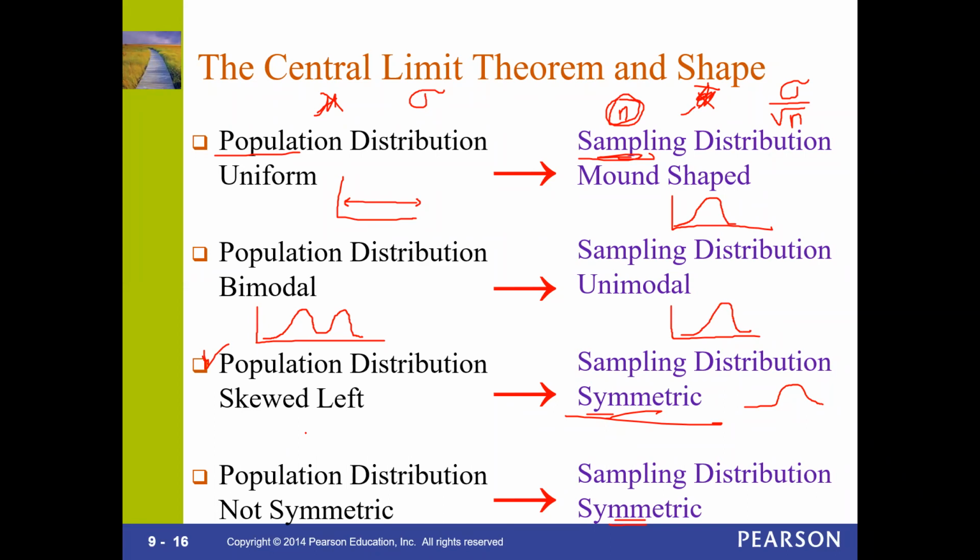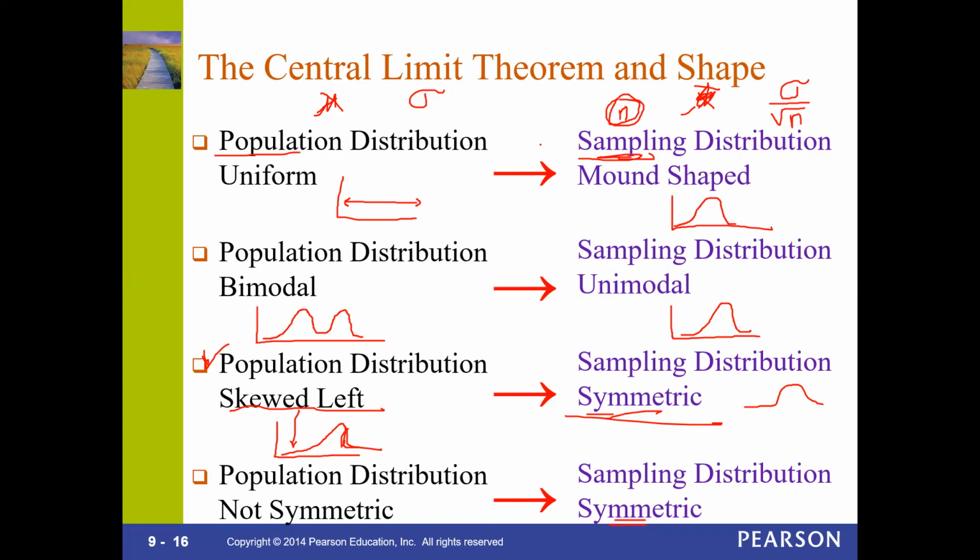If it's skewed to the left, or skewed to the right, it doesn't matter. Then you're going to be symmetric anyway. If there's no symmetry, you're not having a symmetry anyway.